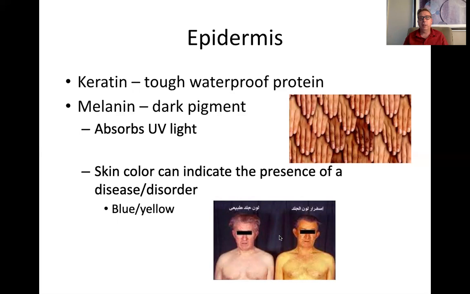Again, melanin, I talked about before. If you get a piece of paper, right? This is really how thick the epidermis is, and the dark pigment of our skin absorbs UV light.